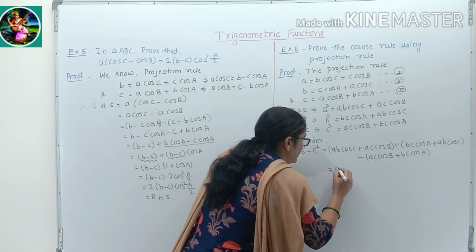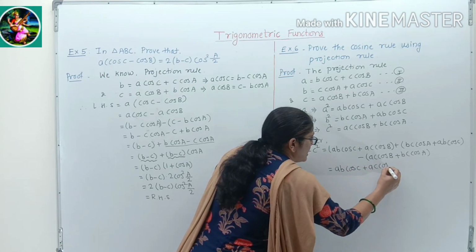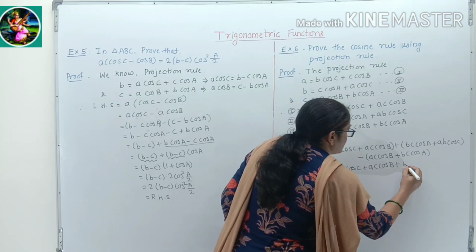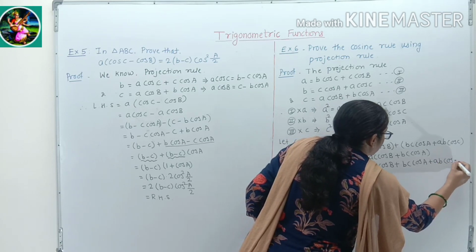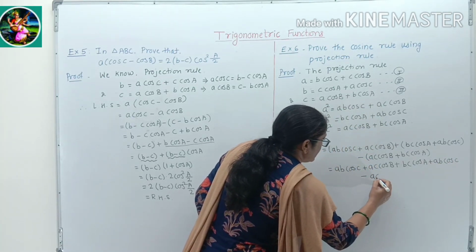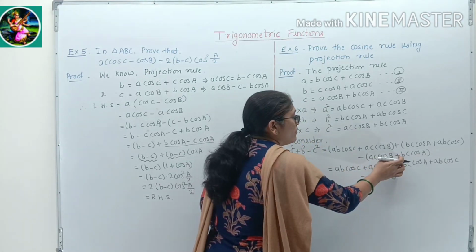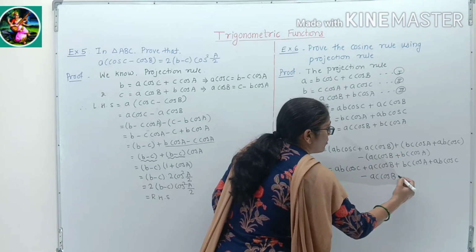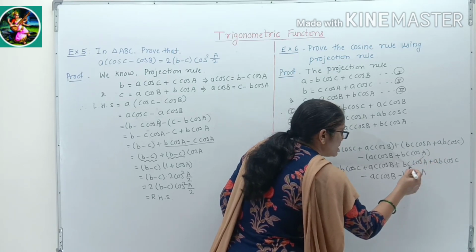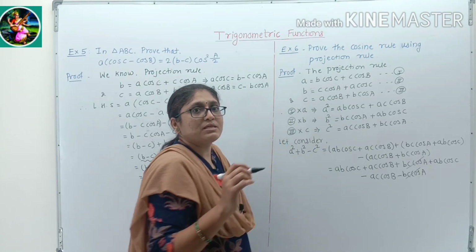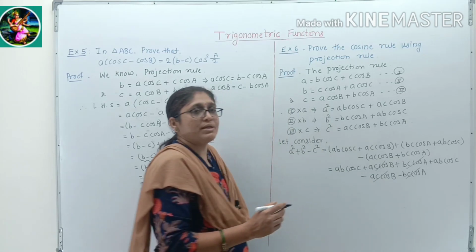That is ab cos C plus ac cos B plus bc cos A plus ab cos C minus ac cos B, and because of the minus sign outside the bracket, we change the sign of this term, therefore it is minus bc cos A. Therefore plus bc cos A and minus bc cos A get cancelled, and plus ac cos B and minus ac cos B get cancelled.